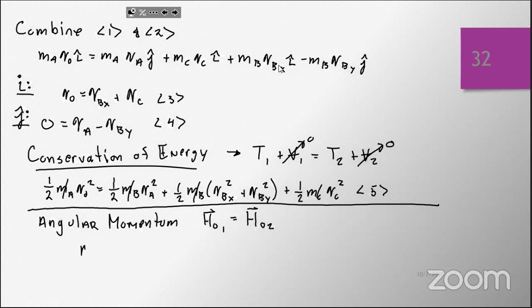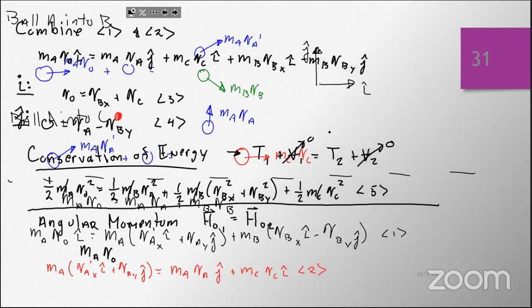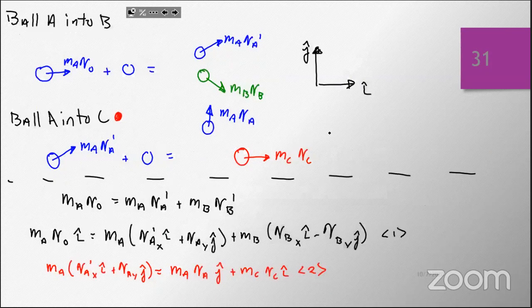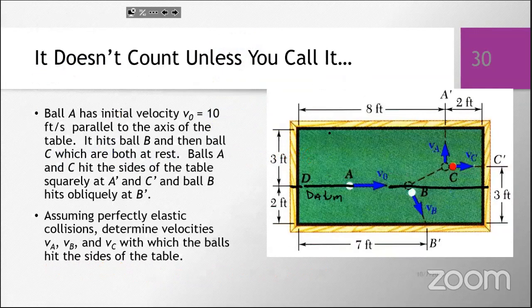So what is angular momentum? Well, it's the linear momentum times the distance that we are away from where we're measuring. Luckily for us, they gave us all these measurements here.